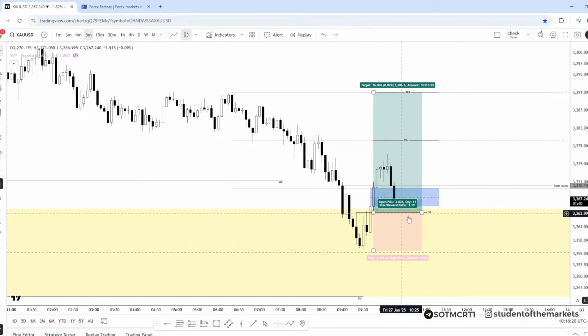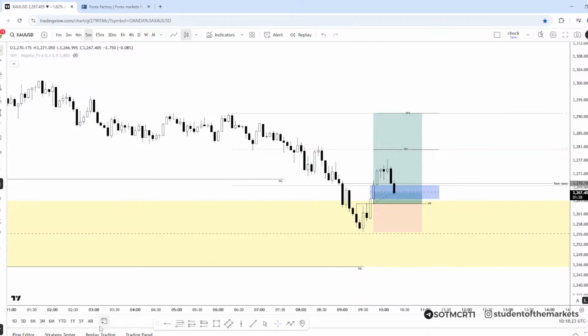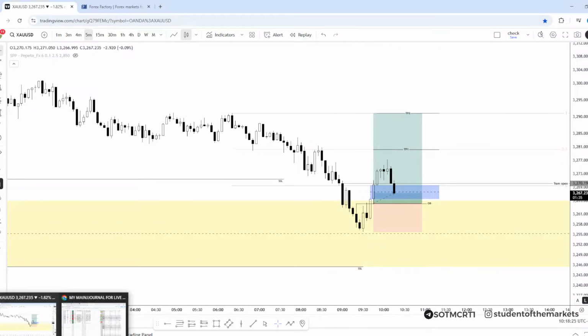Because whenever price is pushing bullish, I want price to respect the bullish PD arrays.